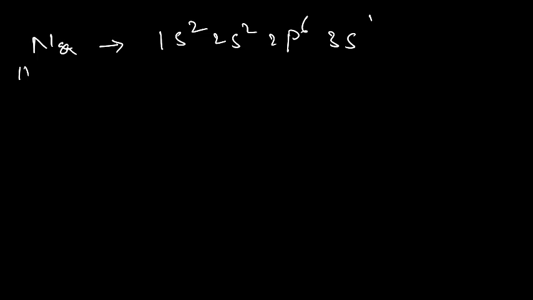So now let us take some examples. Sodium, atomic number 11, configuration 1s2, 2s2, 2p6, 3s1.